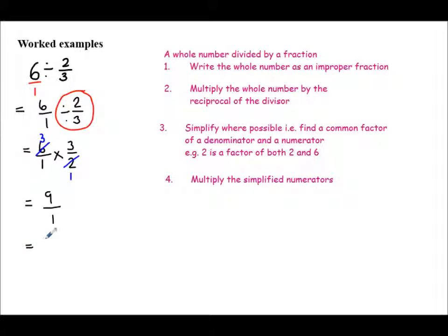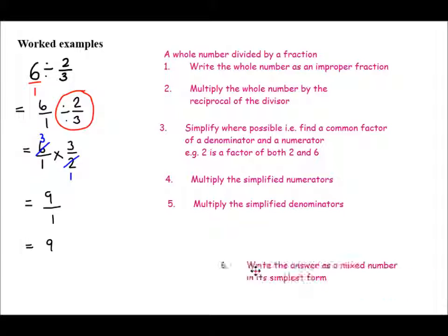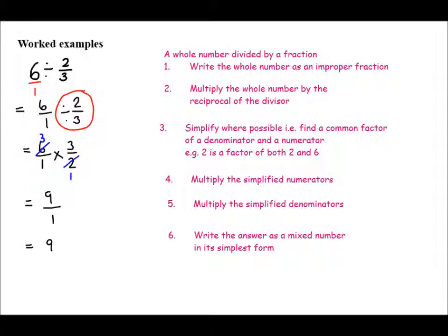And 9 over 1 is an improper fraction. It equals 9. So we multiply the simplified denominators together and write the answer in its simplest form. This is the method we use when dividing a whole number by a fraction.